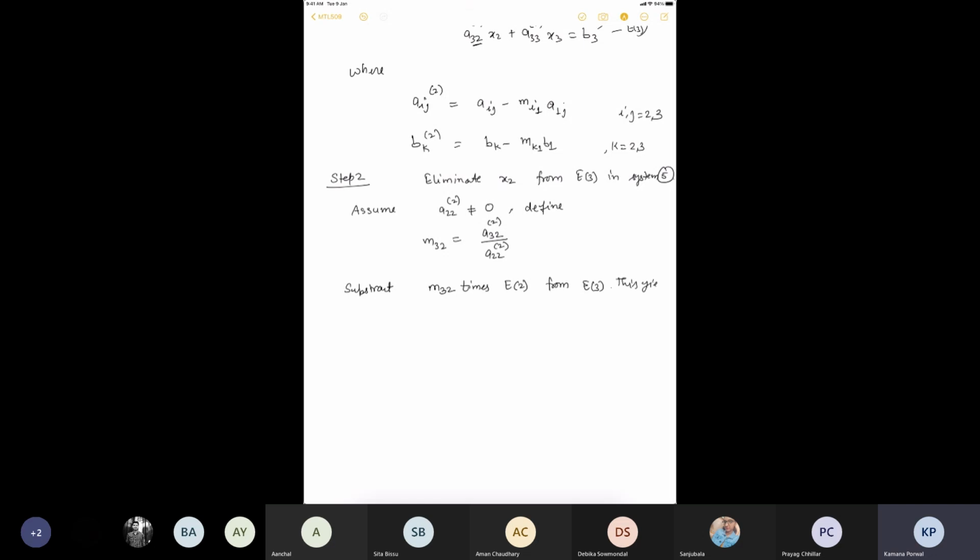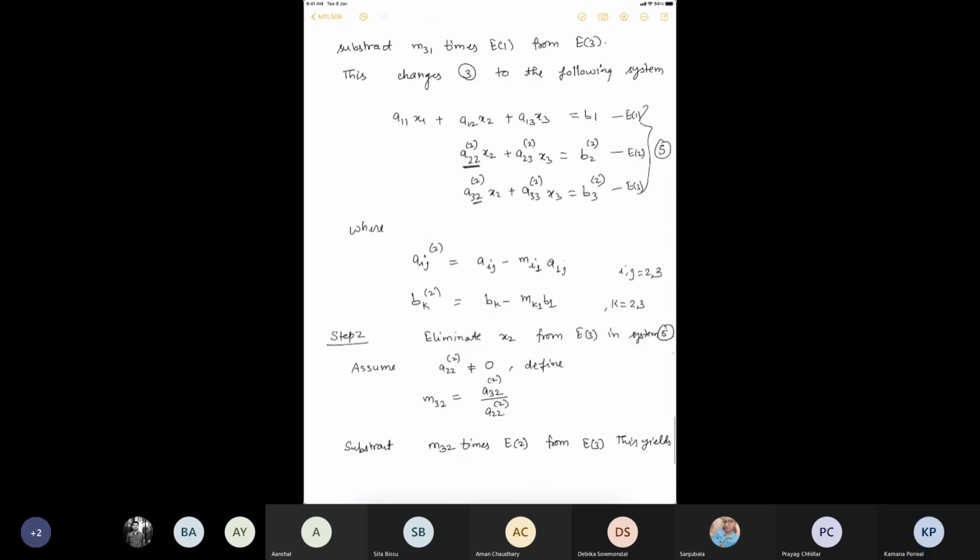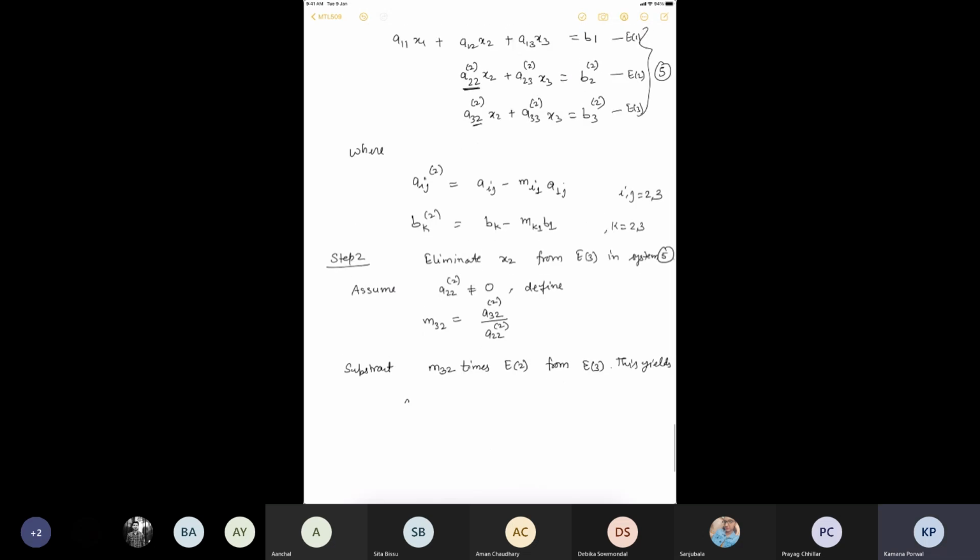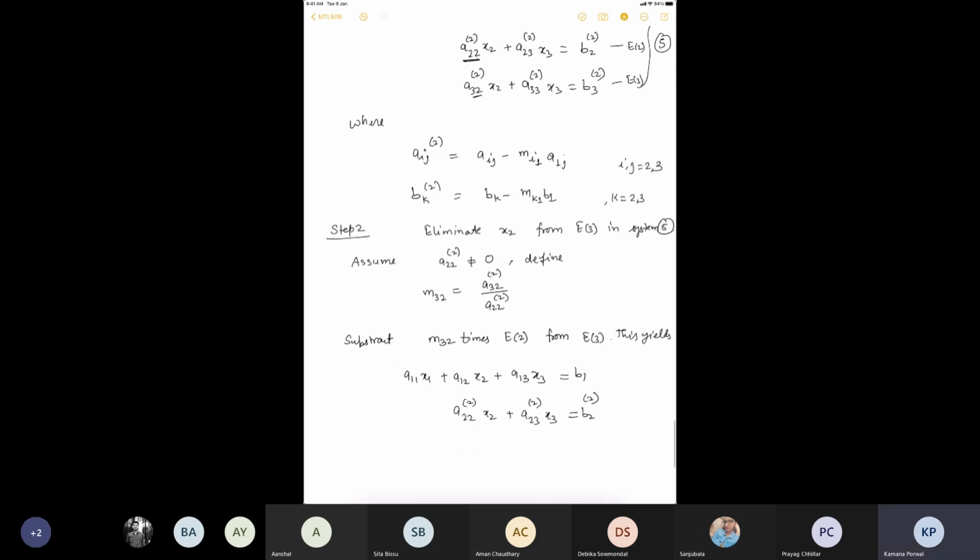So this will give us this new system. So the first equation will remain as it is. Second equation will also remain as it is because we are not doing anything there. What will change is the third equation.